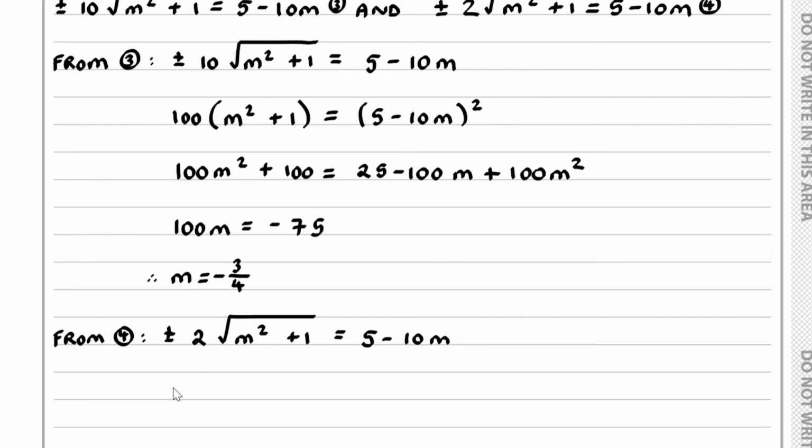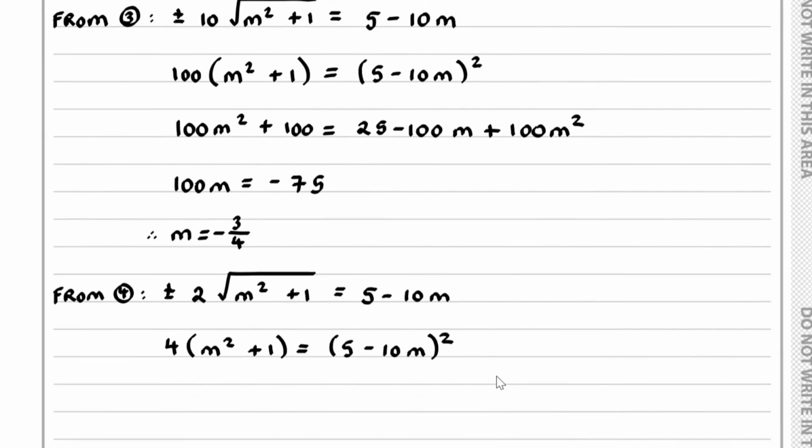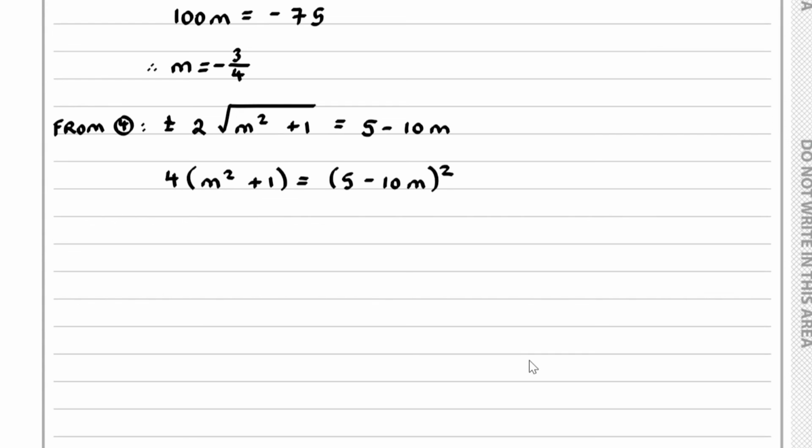Same idea of squaring, we would end up with 4 times by m squared plus 1 equals 5 minus 10m squared. So we have 4m squared plus 4 equals 25 minus 100m plus 100m squared.